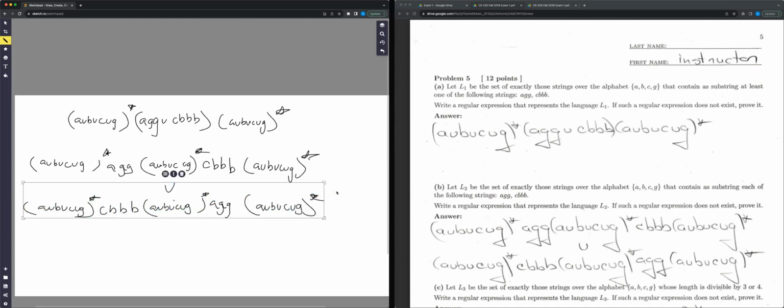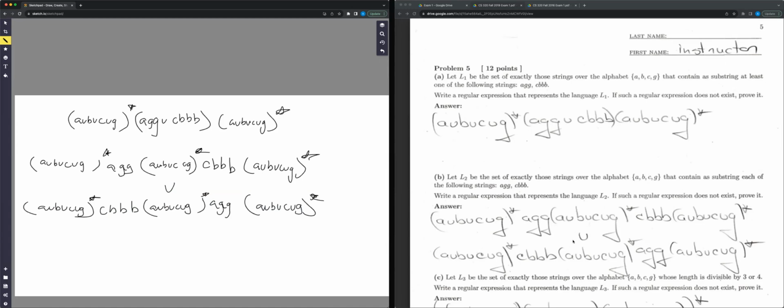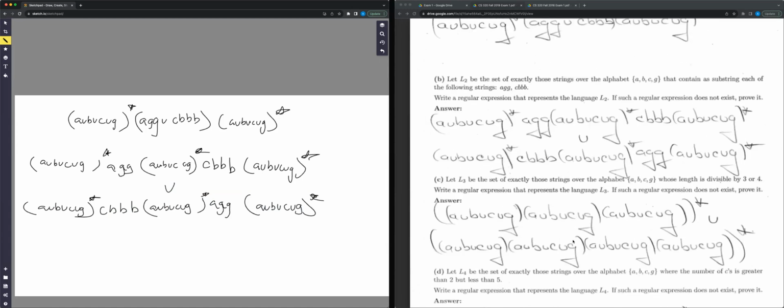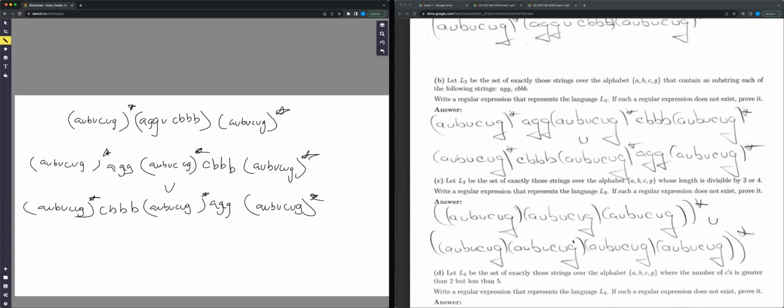Whatever your original question was, did that help? Yeah. I just want to clarify. Oh wait, there was one question. Why is it not a thing to include lambda into each of those A union B union C union G star things in between? Okay, I could take some time to explain that and then move on to the next question.